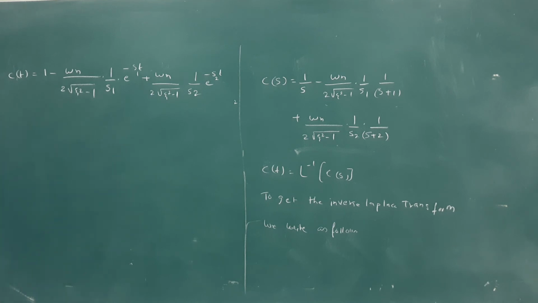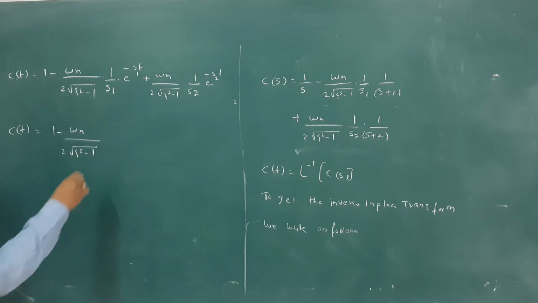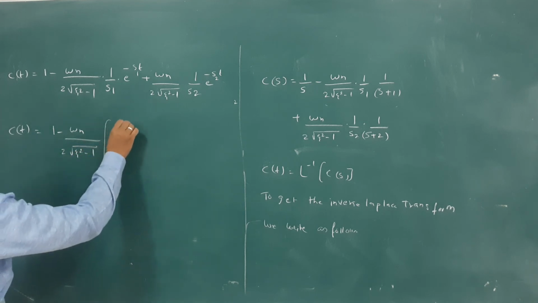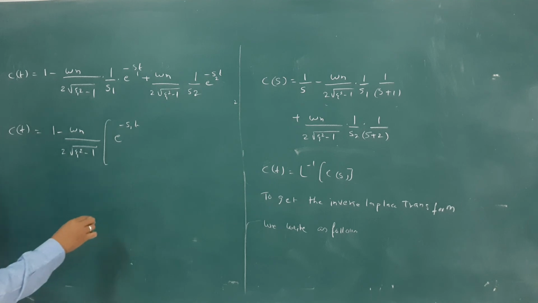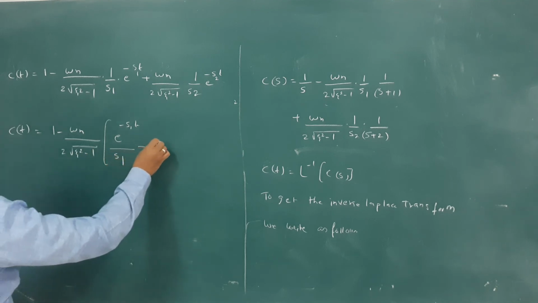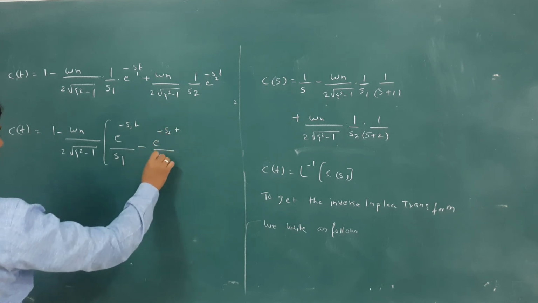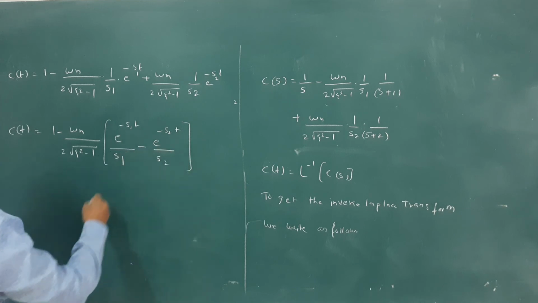After getting these values, we write the equation C of t equals 1 minus omega n by 2 root zeta square minus 1 into e power minus s1 t divided by s1 minus e power minus s2 t divided by s2, taking common terms out.